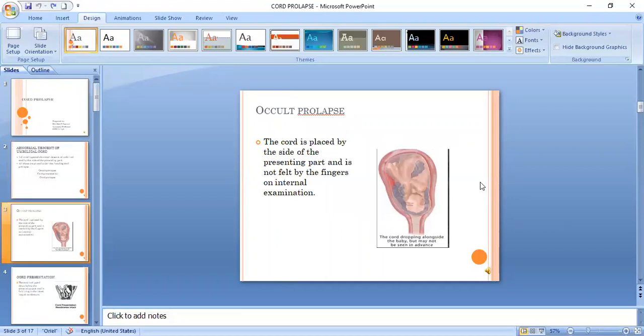The first is occult prolapse. In occult prolapse, the cord is placed by the side of the presenting part, and it is not felt by the fingers on internal examination.